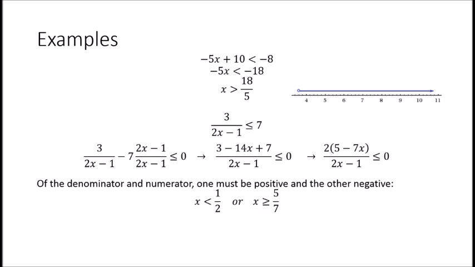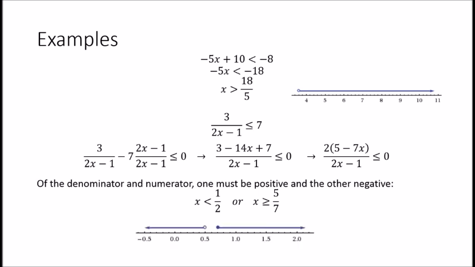So in this case, we see that the denominator flips sign at 1/2, and the numerator flips sign at 5/7. And so in order to make this negative, we need either x to be less than 1/2 or x to be greater than 5/7.